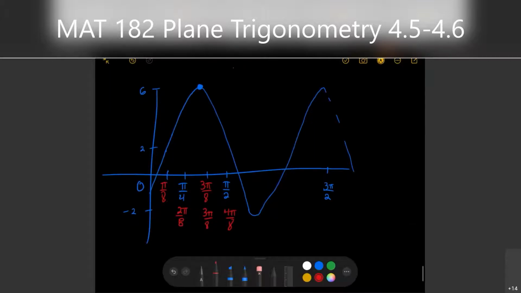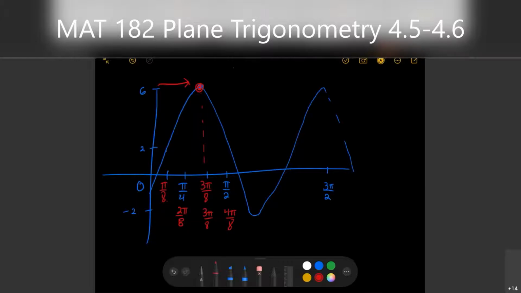And this is what I want to consider, our shift over here. So this is going to be our phase shift, which is that 3 pi over 8 for this graph. Again, that's one little box left of pi over 2.